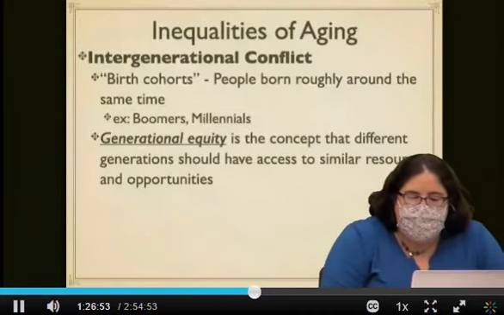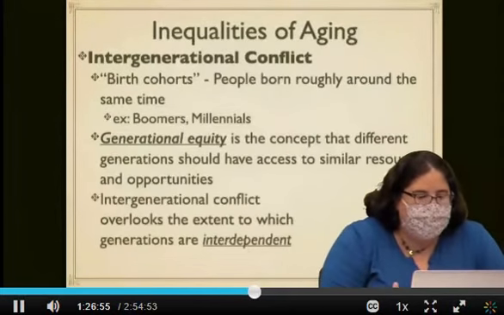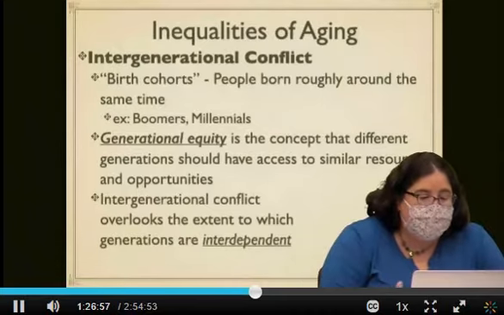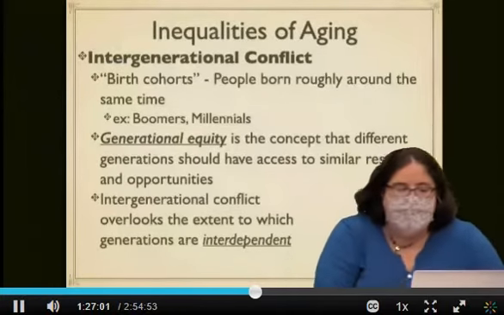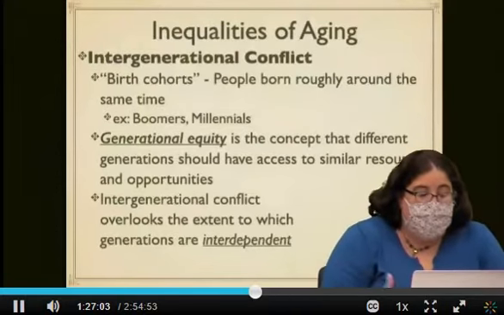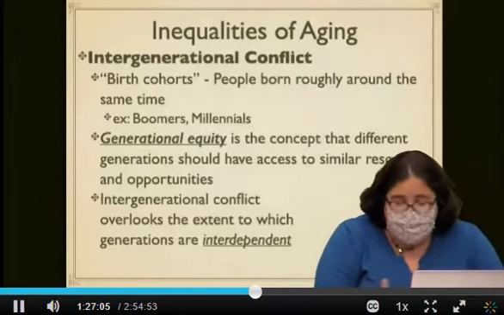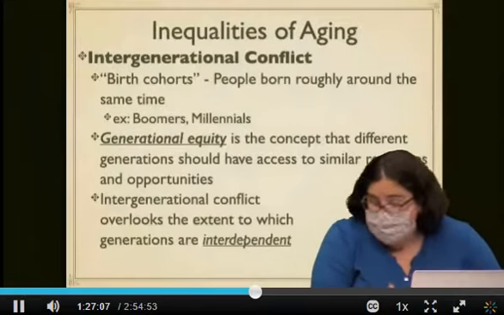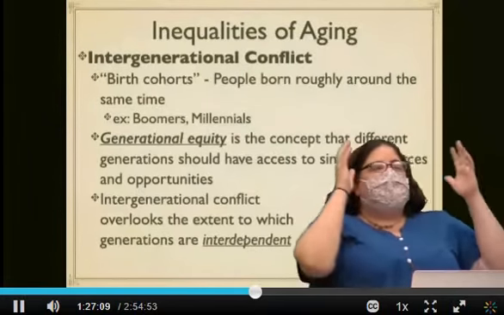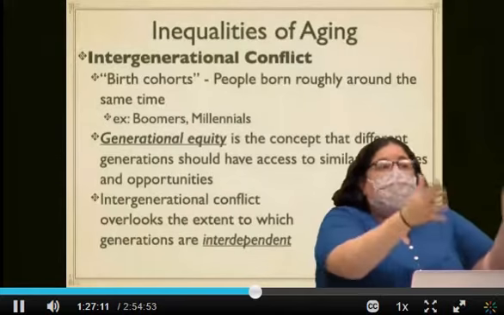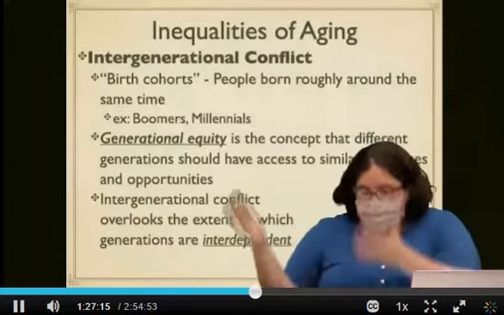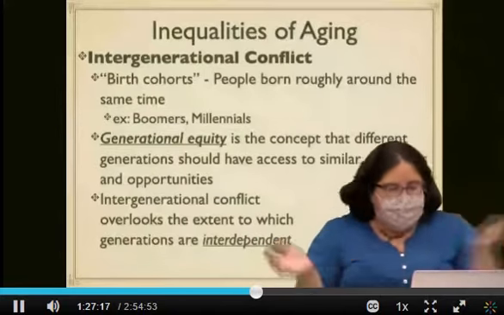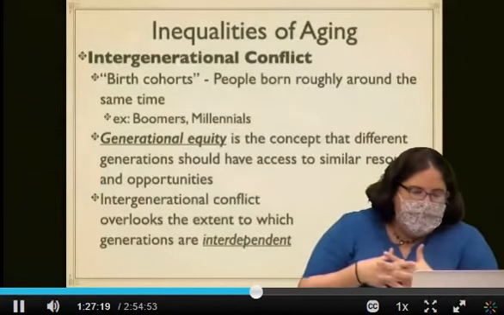And so really the best way to think about it is that intergenerational conflict overlooks the extent to which generations are interdependent. The millennial generation couldn't exist without the boomers, first of all, genetically and biologically speaking, but also the baby booming generation could not survive past where they are now without the support of the millennial generation, and vice versa, right? These are interdependent.